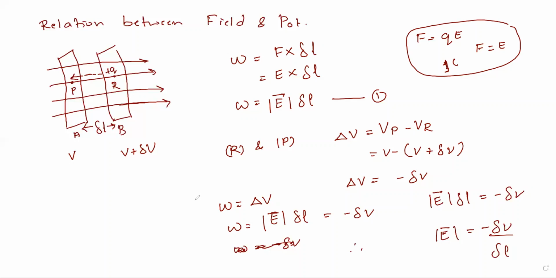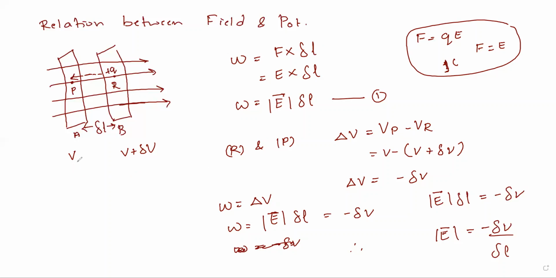So what did we do? We considered this arrangement. You know the arrangement, I have explained it. And then we saw the work done is given by F into delta L. With this equation, we replaced F by E, that is E into delta L. Therefore, work done is, in vector form, vector E delta L. So the potential difference between R and P is given by delta V is equal to Vp minus Vr.